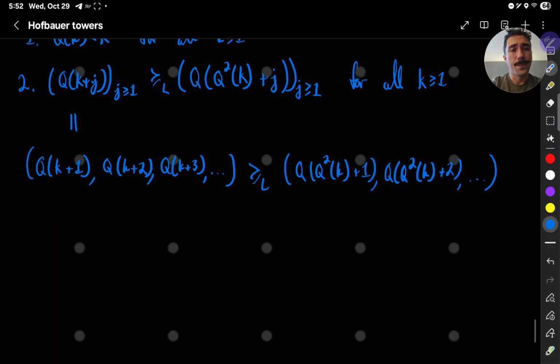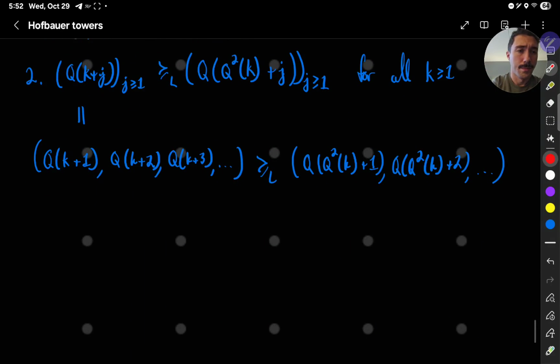And so the lexicographic ordering just says either this is greater than this, strictly greater, or if they're equal, you look at the next one. So it's the dictionary order.